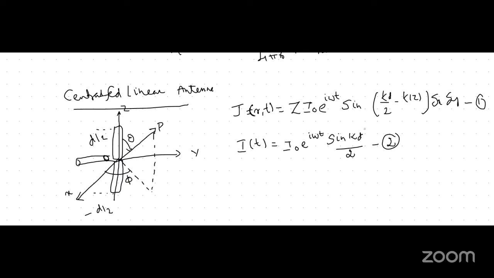We'll use these two equations, and by using these two equations, the vector potential at the point P we can write here.